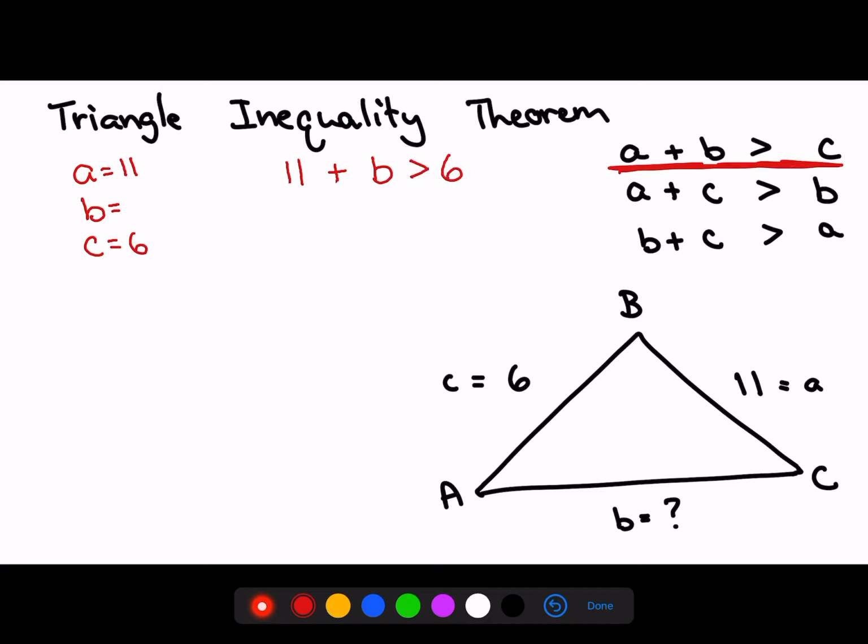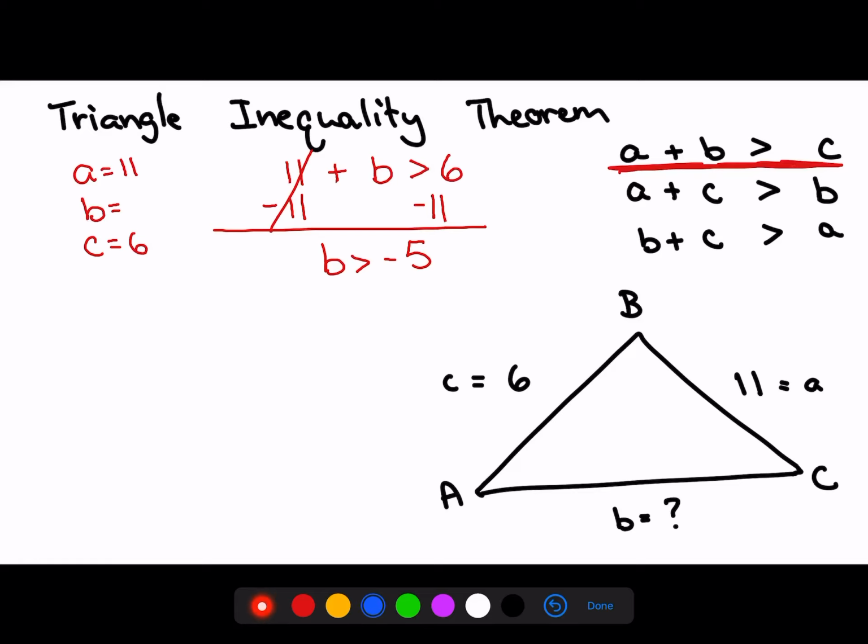Well, from here, if I solve for b, I should be able to determine which values it can take. So if I subtract 11 from both sides, we're left with b is greater than -5. So my b value has to be greater than -5. And if it is a negative number, does it have a distance? No. So it needs to be greater than 0 in that case.